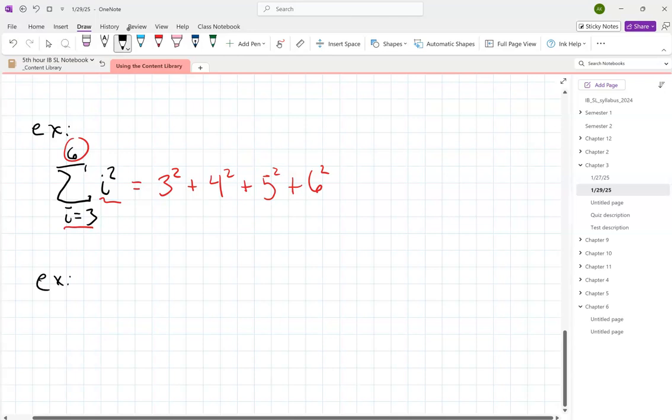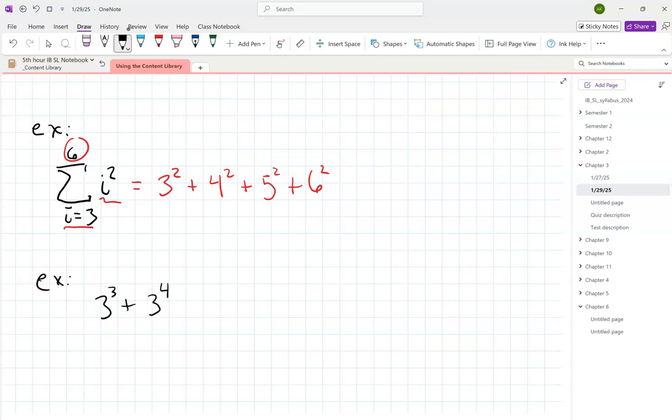What if I have this expanded form, and I want to rewrite that in sigma notation? So the first thing I'm going to do is look to see what's changing from term to term.